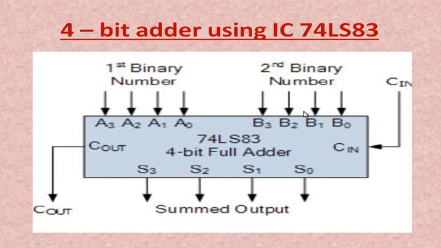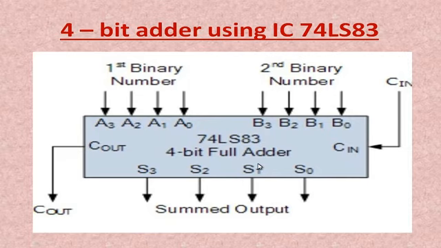Now for the second binary number B3, B2, B1, B0, and this is the input for carry in, if there is an input for LSB. Next are S3, S2, S1, S0. All these are the pin connections provided to check the output, that is the result of the sum. Okay, and this is the carry out. In this way practically we can use this IC for 4-bit addition of 2 binary numbers.